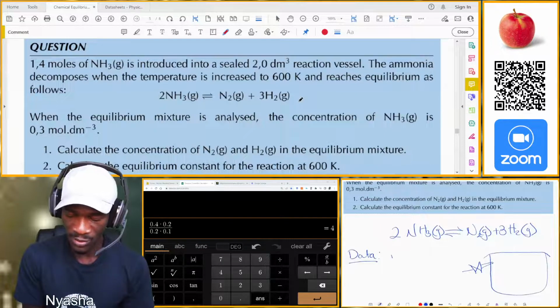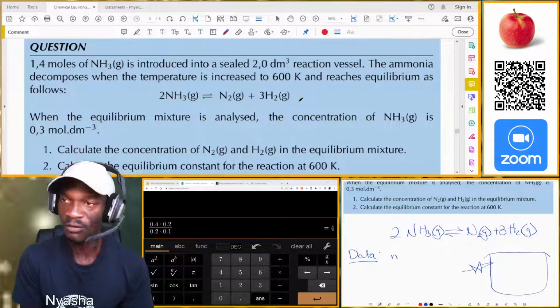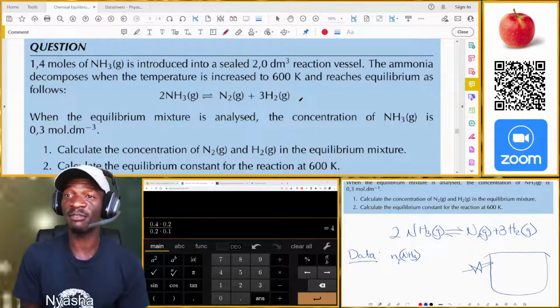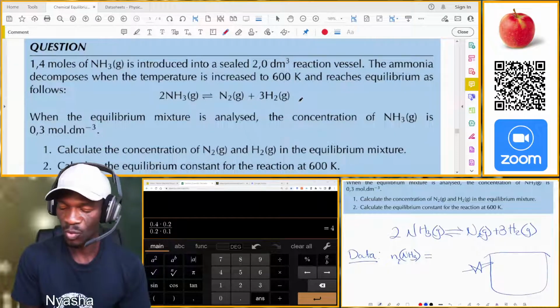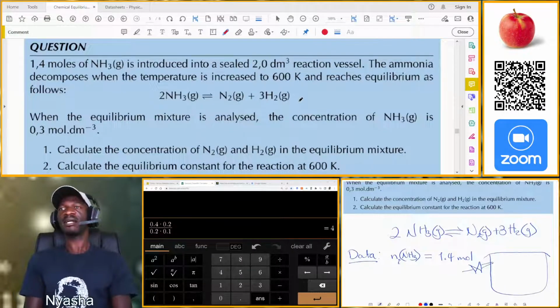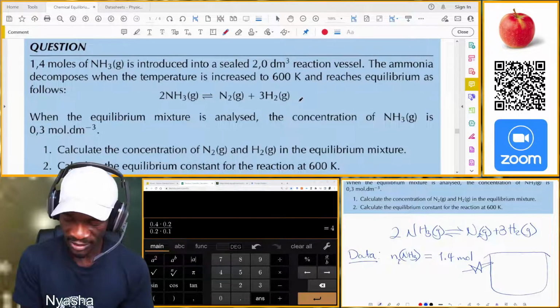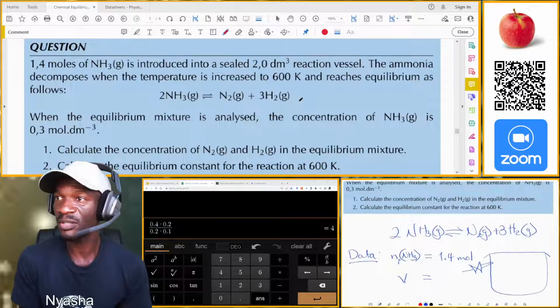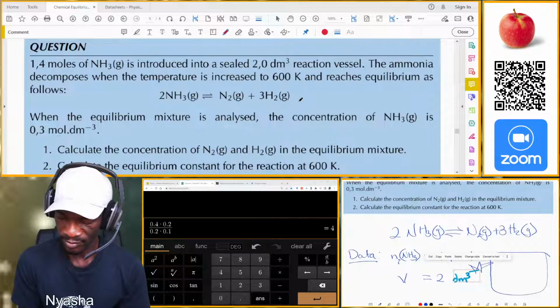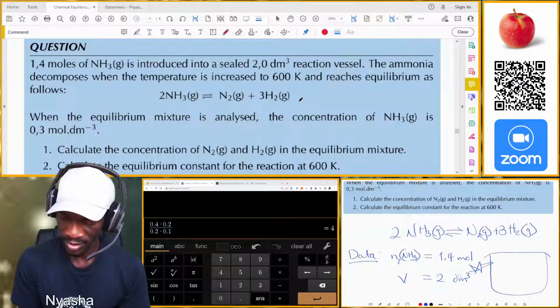The initial number of moles of ammonia, NH3, is equal to 1.4. Then we are given the volume of the container, which is 2.0 dm³.